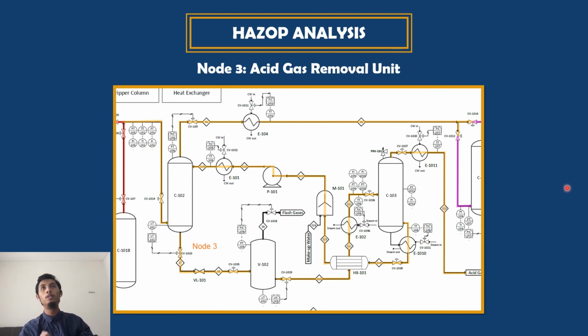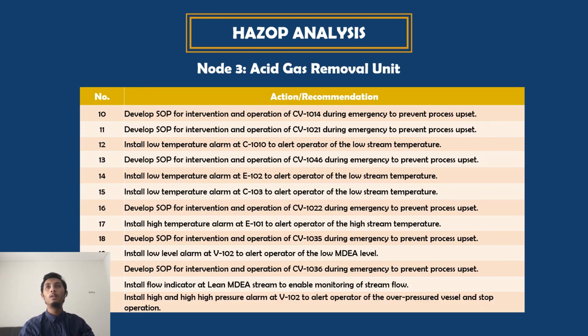Next will be Node 3, which is the acid gas removal unit. Basically the recommendation is quite similar, which is to develop SOP, to install low temperature alarm, install high temperature alarm.